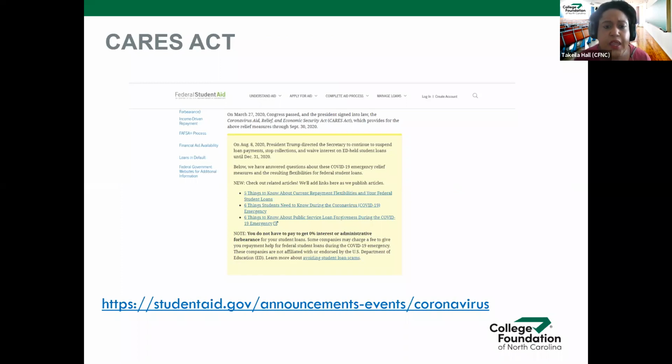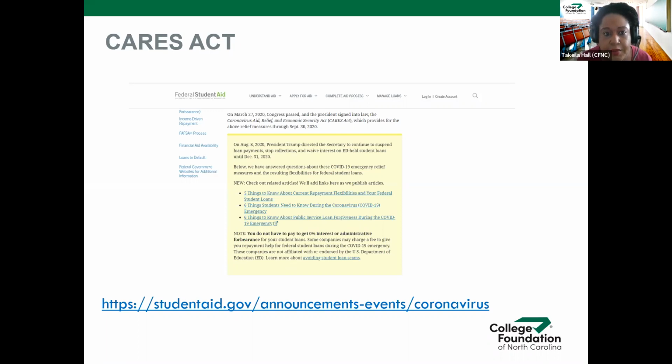Now, before we go, I do want to talk to you about the CARES Act. You might have already heard about it. On March 27, 2020, Congress passed and the president signed into law the Coronavirus Aid, Relief, and Economic Security Act. We call that CARES. The CARES Act provided some relief through the end of September 2020.